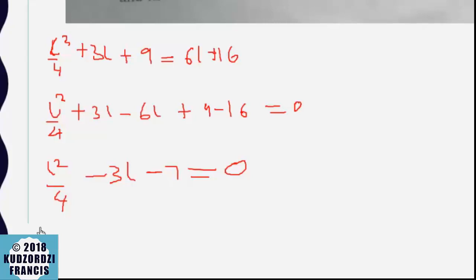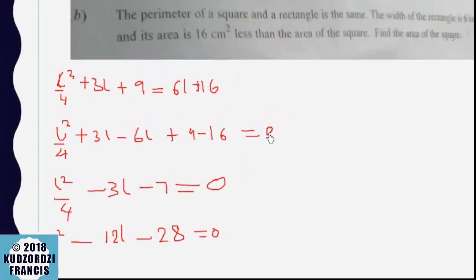So multiply through by 4, and you're going to get L squared minus 4 times 3, which gives us 12L, then minus 4 times 7 gives us negative 28, is equal to 0.